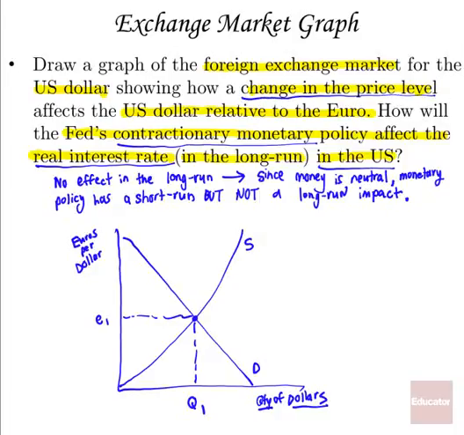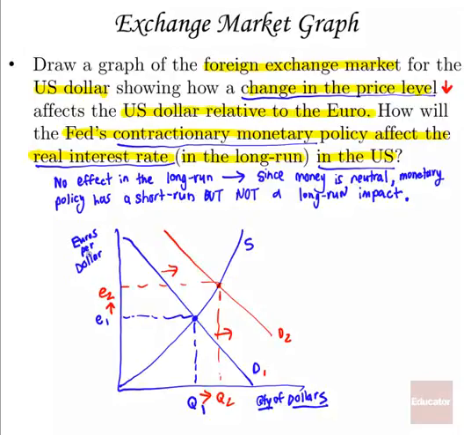The price level went down. So if the price level goes down, things become cheaper in the United States, and therefore the demand for US currency is going to increase. So demand increases from D1 to D2, and you have Q2 right here, and you have E2 right here. So the quantity of US dollars is going to increase because the demand for US dollars increases.